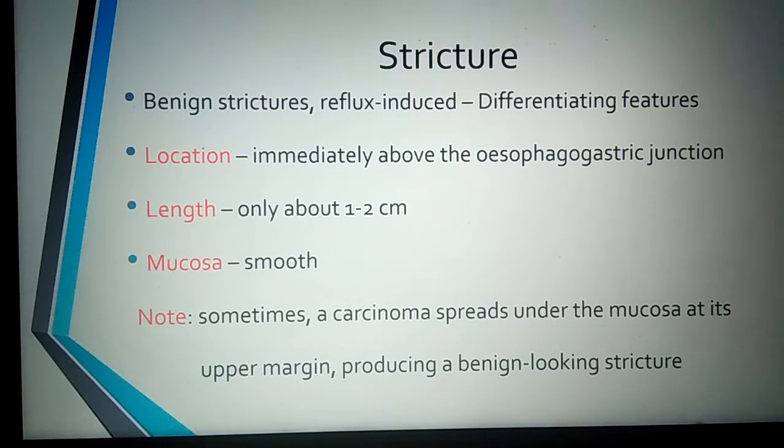And short length of esophagus is involved, let's say 1 to 2 centimeter length only. And the esophageal mucosa is smooth if the stricture is benign. These are the three important differentiating features during upper GI endoscopy.